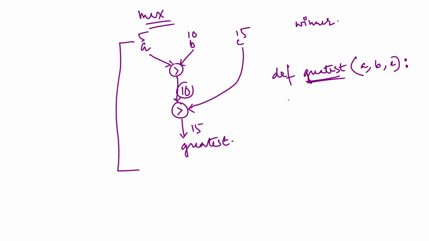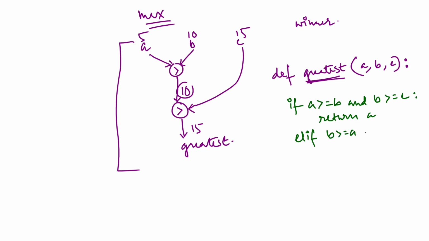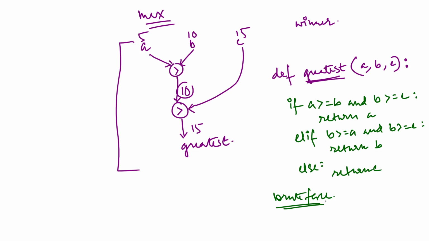So we'd say something like if a is greater than or equal to b and b is greater than or equal to c, then we return A. Else if B is greater than or equal to A and B is greater than or equal to C, we return B. Else we return C. That's another approach, the brute force approach. But anyways, this works as well.